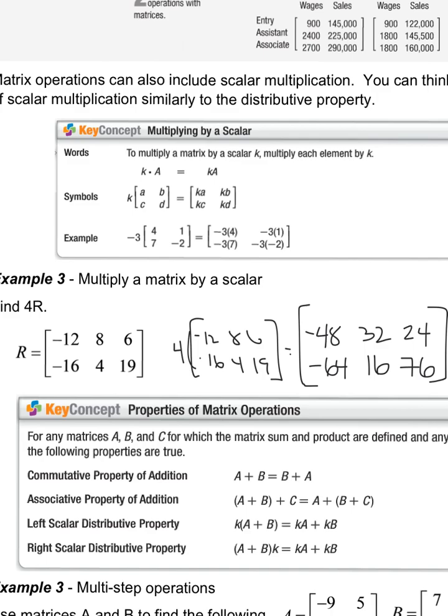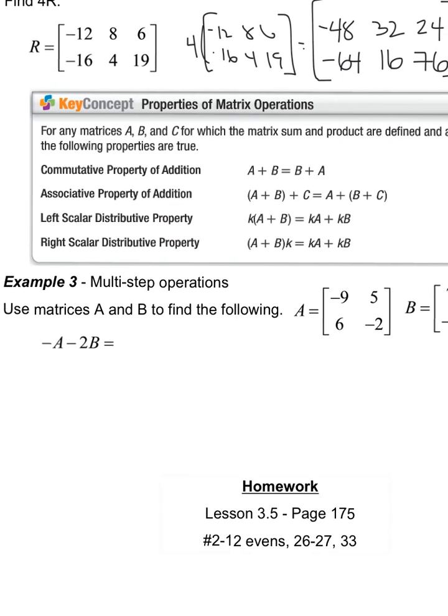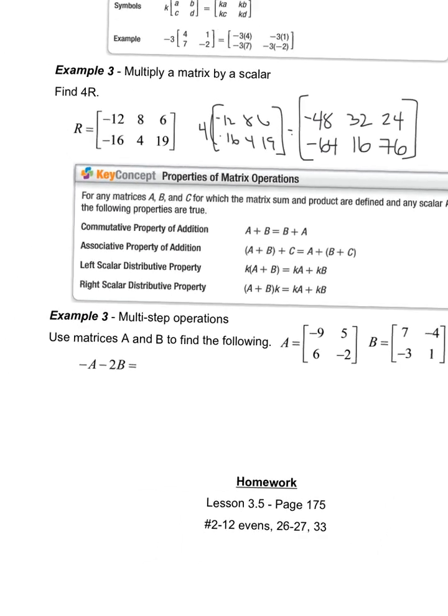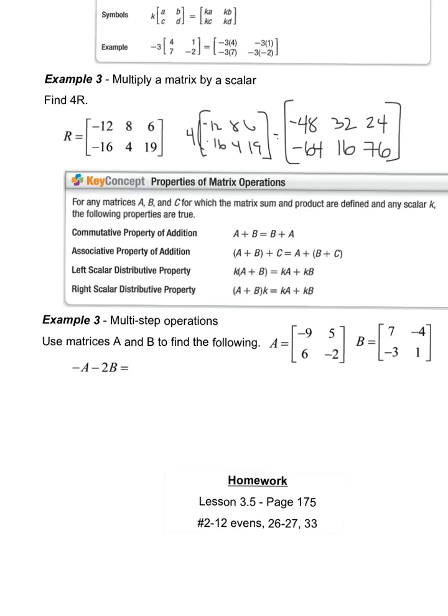All right, so the last thing, if we put everything together, scalar multiplication and addition, subtraction, what we wind up with is the opposite of negative 9, 5, 6, negative 2, and we're subtracting 2b, which is 7, negative 4, negative 3, and 1. A couple ways to do this.